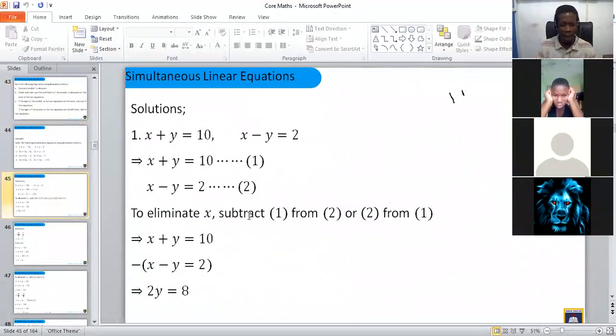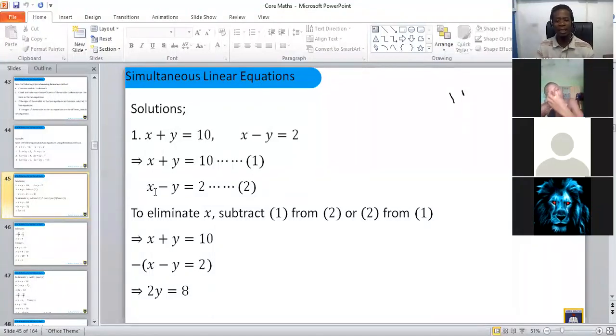So when we come back, now we have the coefficients of x in equation 1 and equation 2 to be 1, 1. That means they are the same. So after checking that, let's now see if the signs are the same, the positive and minus sign. Now in equation 1, x is having positive sign, and in equation 2, x is still having positive sign.